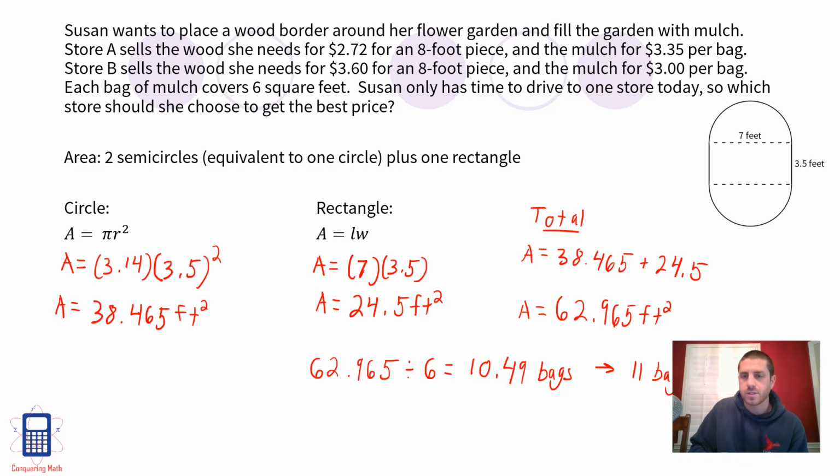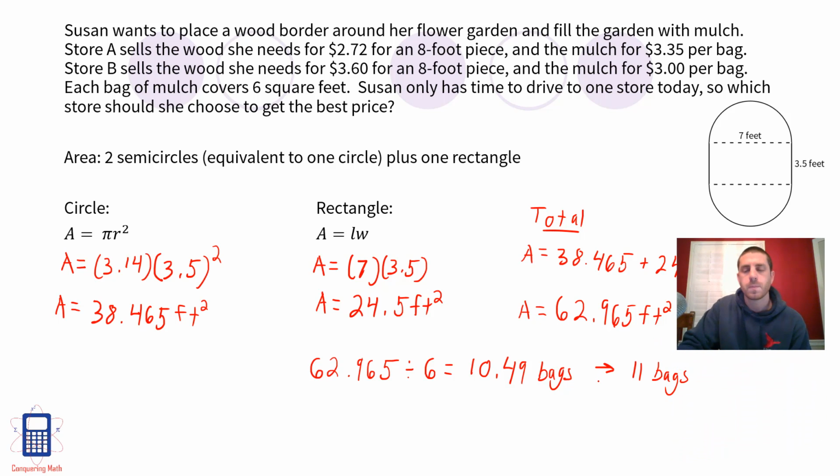If she rounds that down to 10 bags, she'll be short. So what that means is that Susan is going to need 4 sections of wood and 11 bags of mulch.